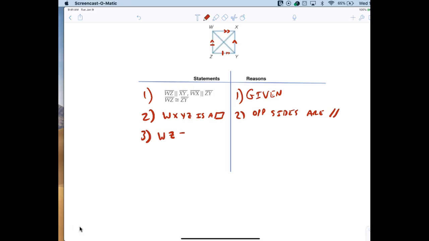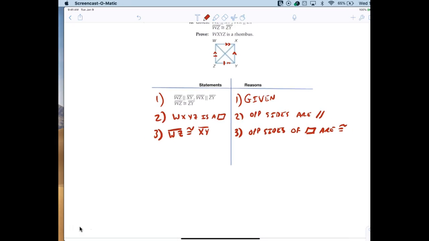WZ is congruent to what? XY. And you would just say opposite sides of a parallelogram are congruent. Okay? So now what else can we say? ZY is congruent to WX. Yep. Opposite sides of a parallelogram are congruent. Okay, so now what can I say?